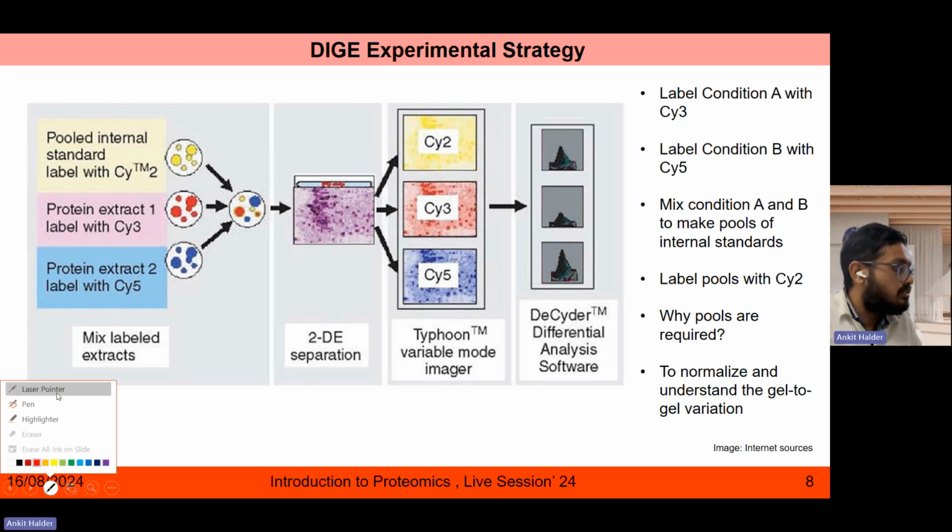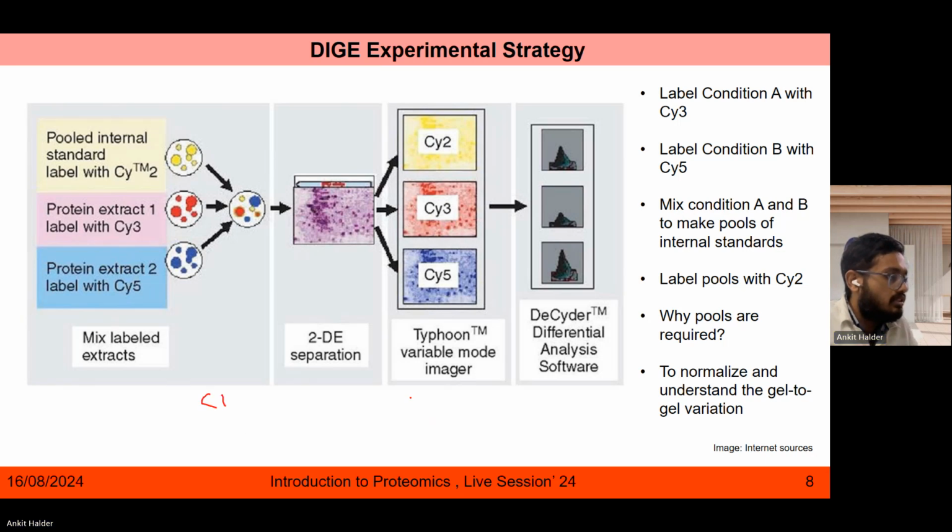So for instance, what is the meaning of this? For example, condition 1, condition 2, and so on, tubes one, two, three, four, five.